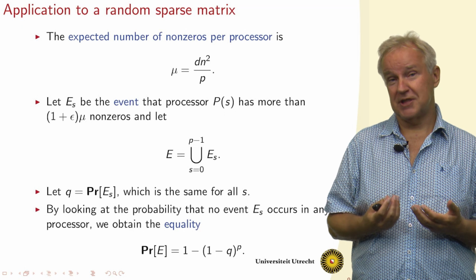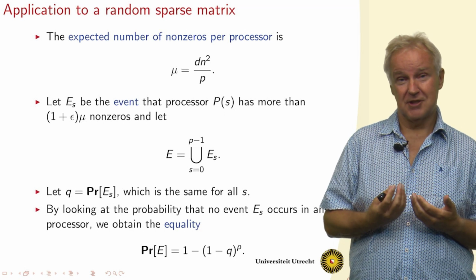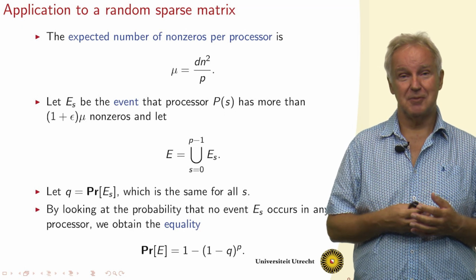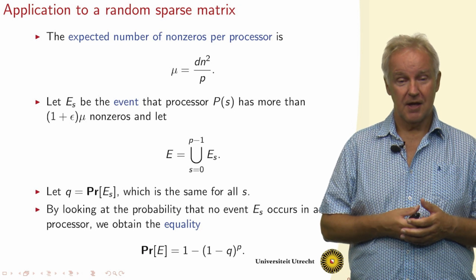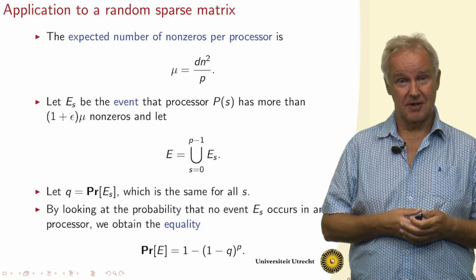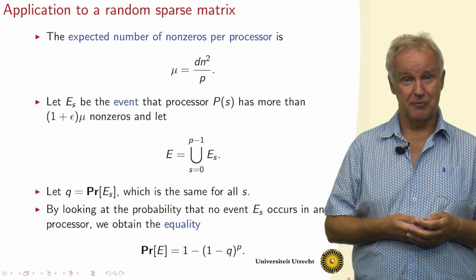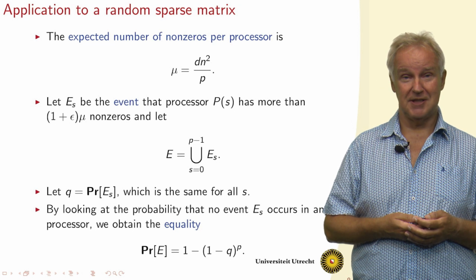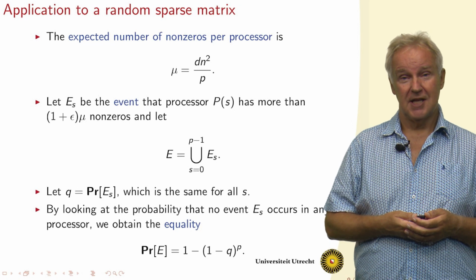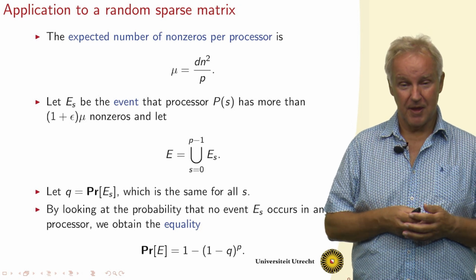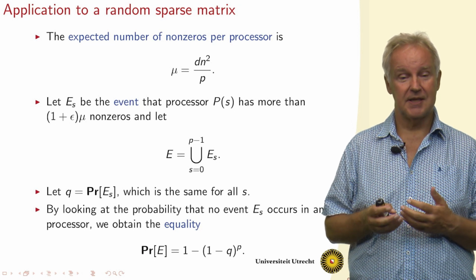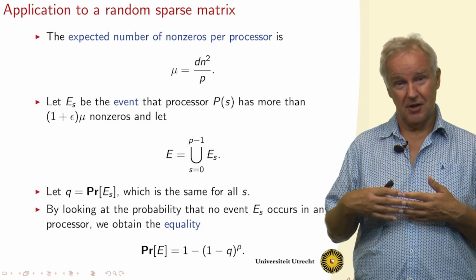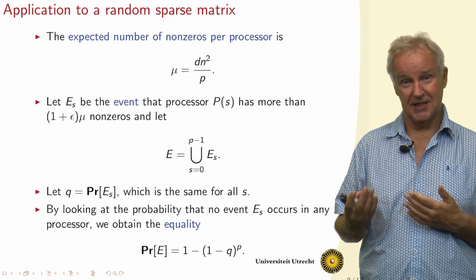And that processor, of course, the processor that has the most, determines the outcome. So we can give an expression for the probability of this event E, because if no event ES occurs, then none of the processors exceeds this.